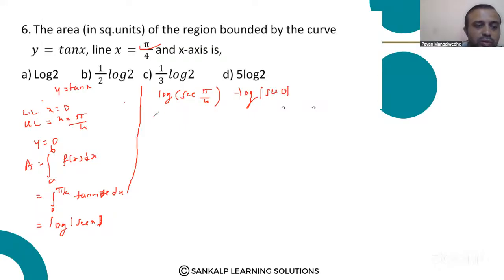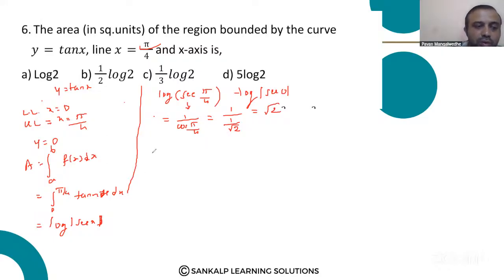Now sec of pi by 4 can be written as 1 upon cos of pi by 4. Cos 45 is 1 by root 2, so the denominator's denominator goes to the numerator, that is directly root 2.